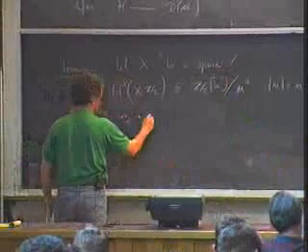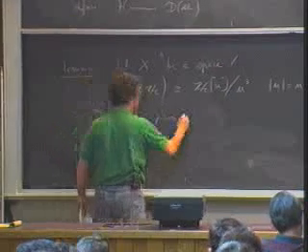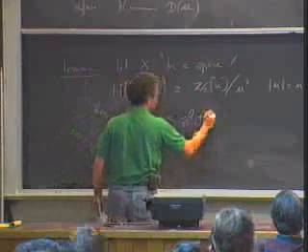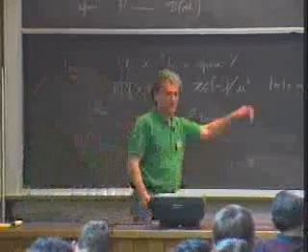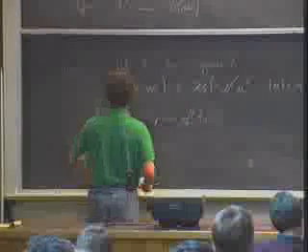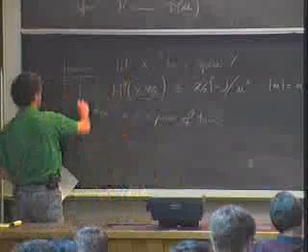Then n is a power of 2. You can't easily prove this lemma without using Steenrod operations. It's very easy to deduce it from here.